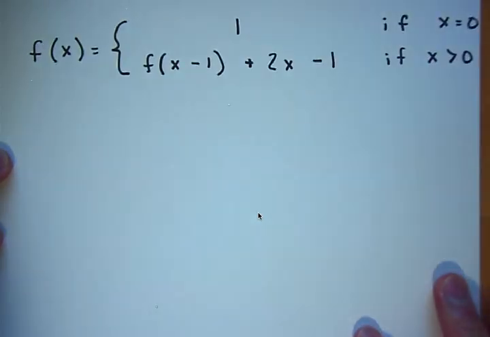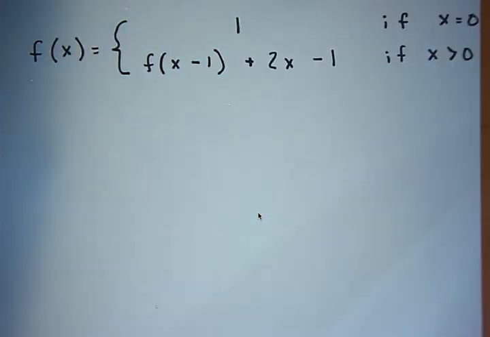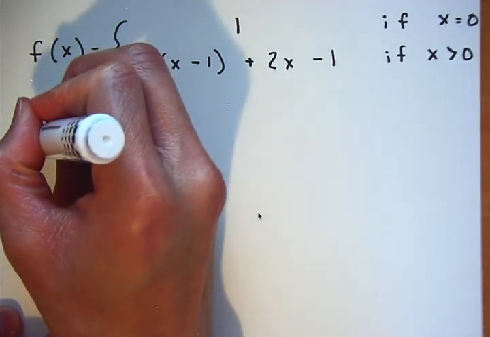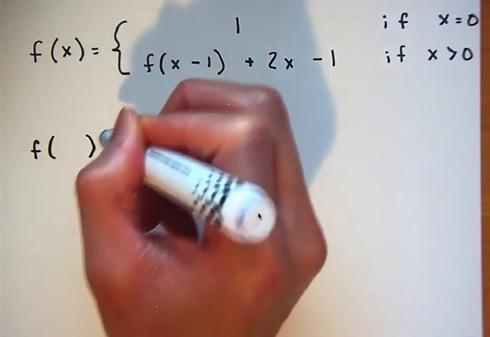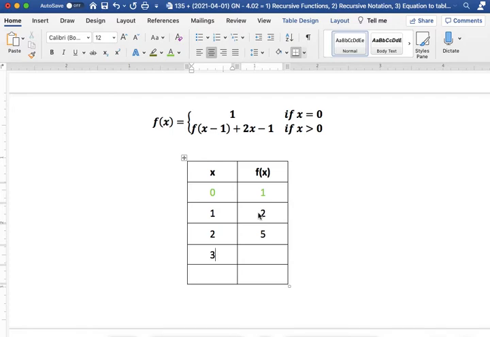That is still the same equation up top. I'm just doing now f of 3, because now my x is equal to 3. I'm trying to find this one.